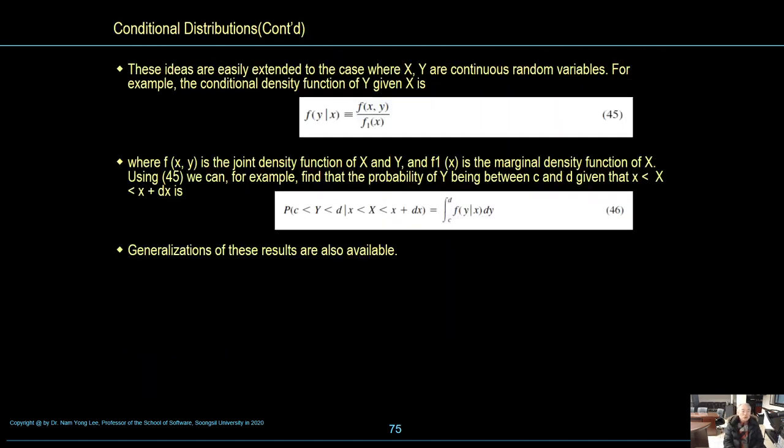Conditional distribution. These ideas are easily expanded to the case where X and Y are continuous random variables.